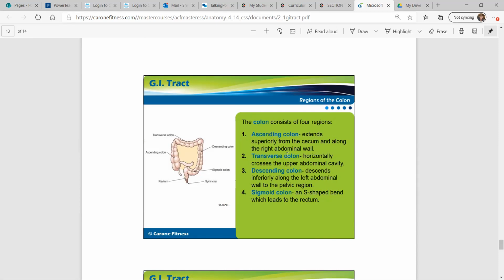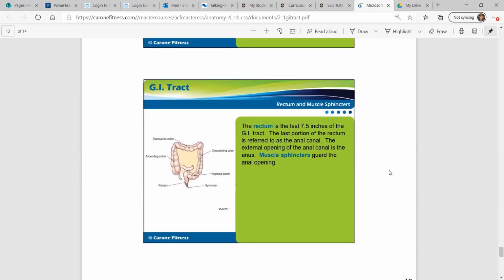Transverse colon horizontally crosses the upper abdominal cavity. So ascending goes up, transverse across, and then descending goes down, descends inferiorly along the left abdominal wall to the pelvic region. And then the sigmoid colon is this S-shaped bend, which leads to the rectum.